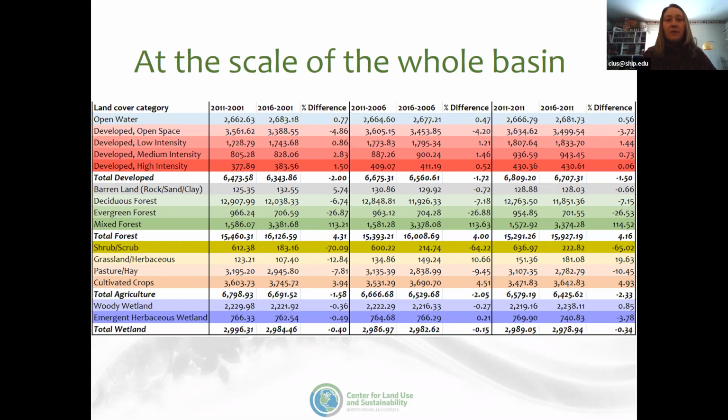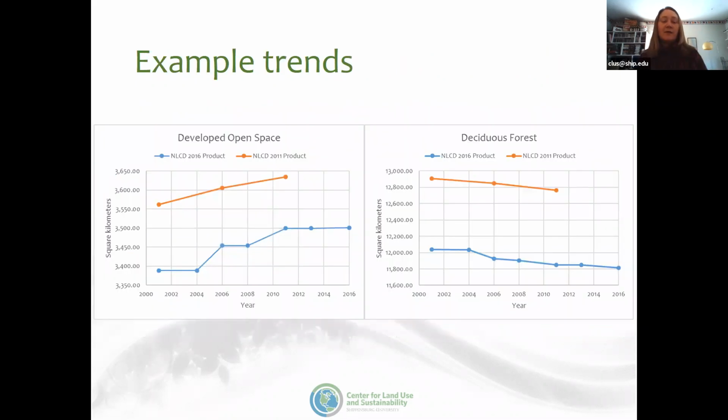If we look at example trends, on the left-hand side, we're looking at trends over time for developed open space. On the right-hand side, trends in deciduous forest. And you can see the 2011 edition is in orange, the 2016 edition is in blue. And you notice a couple of things. First of all, the trends are overall the same.